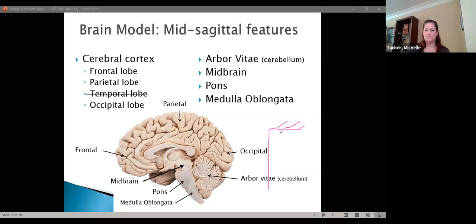So in the cerebellum, you have this arrangement of white matter. These white tracts are deep, and then they are surrounded by two layers of gray cell bodies. So the gray matter is going to be superficial for the cerebellum and the arbor vitae.